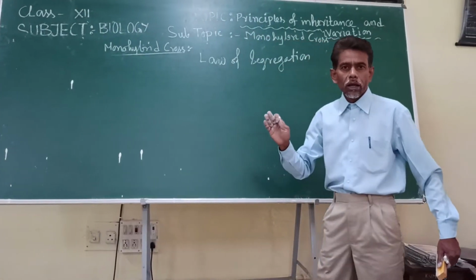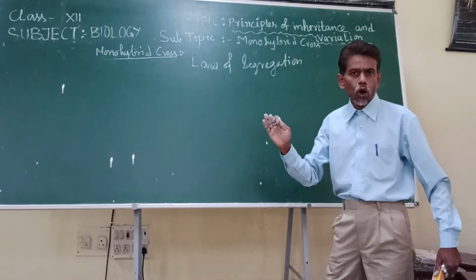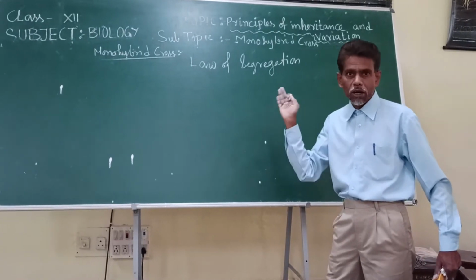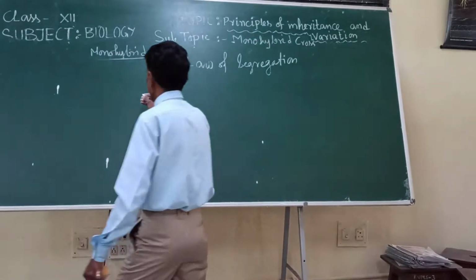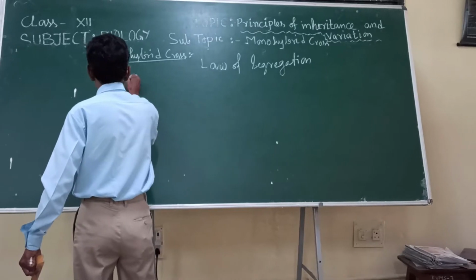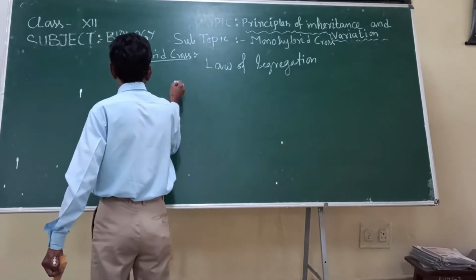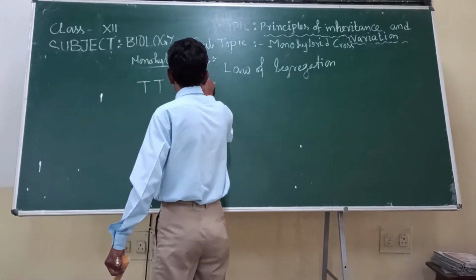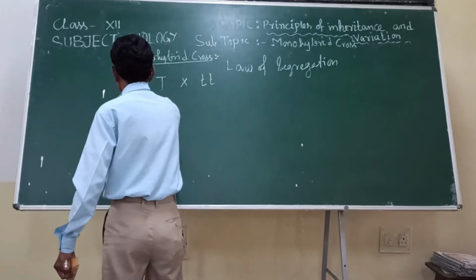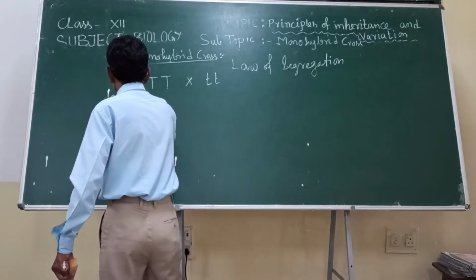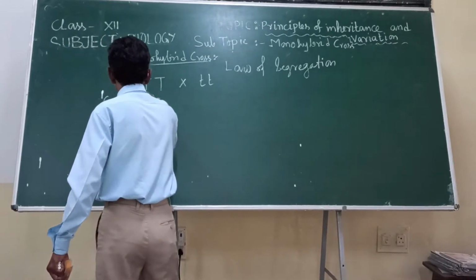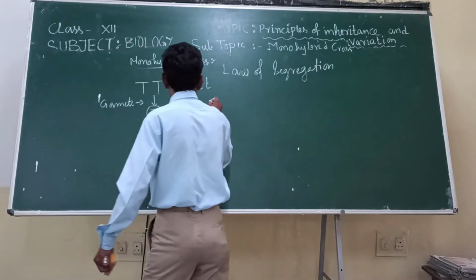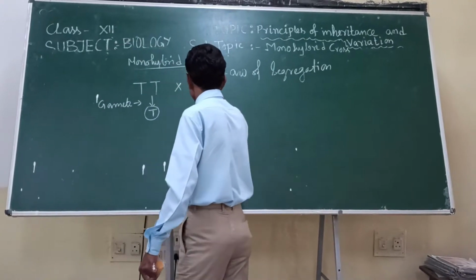So, for getting a clear understanding about the law of segregation, we shall have to again go to the monohybrid cross. Let me show it again. Tall plant crossbred with dwarf plant. Gamete formation, capital T, small t.